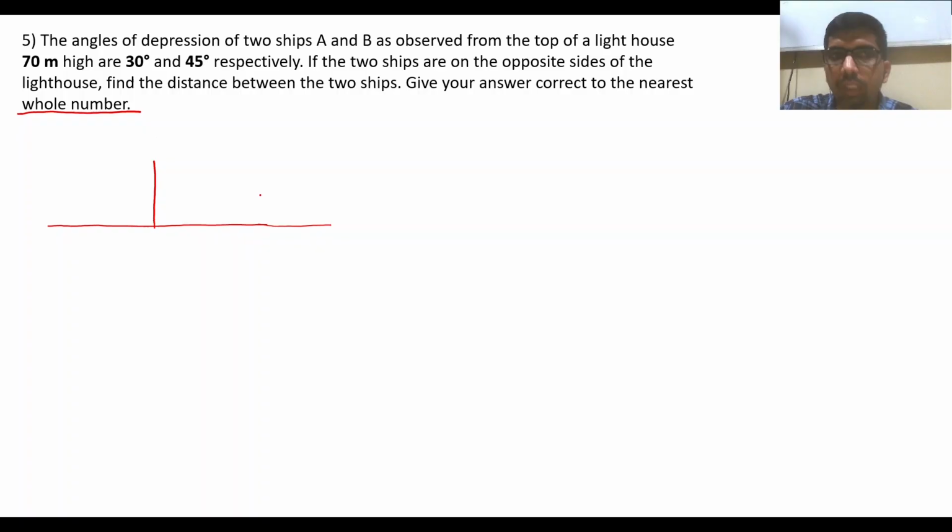Now जो चीज दूर है, the ship which is far away will have less angle of depression, and जो ship close है will look more down, so angle of depression will increase. So this full thing is 70 meter.